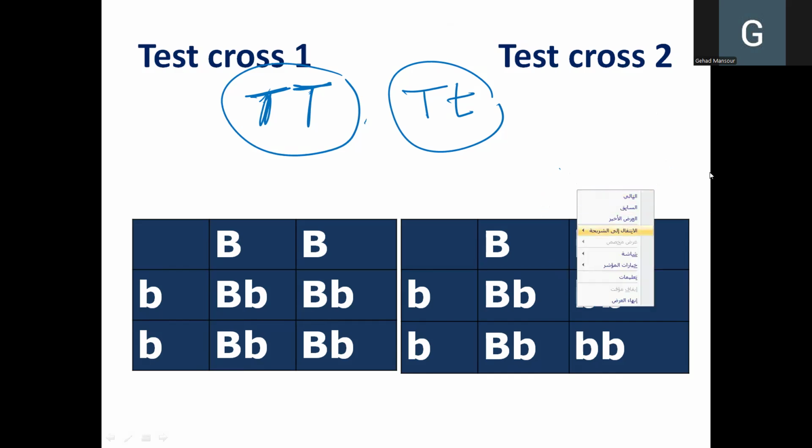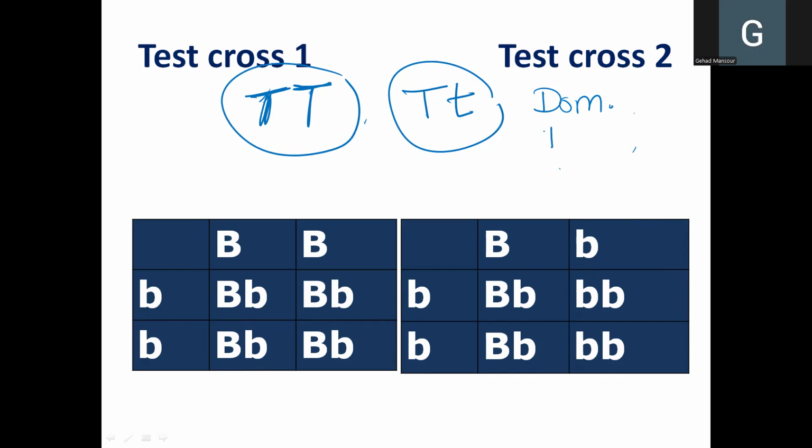So the main importance of the test cross is that if you have a dominant phenotype, meaning that the trait tells you, for example, that the plant is tall, you want to know whether it contains only dominant alleles, or one dominant allele and one recessive allele.